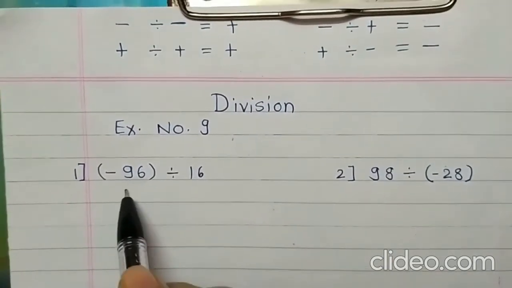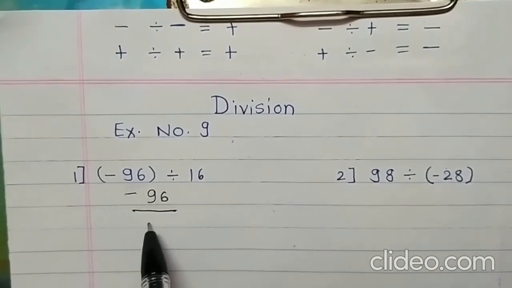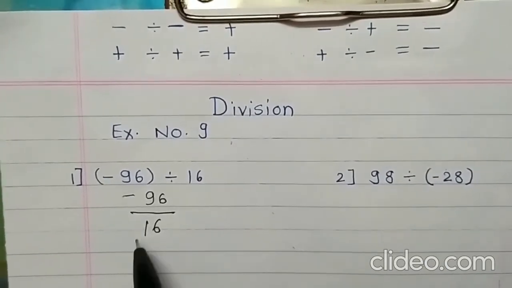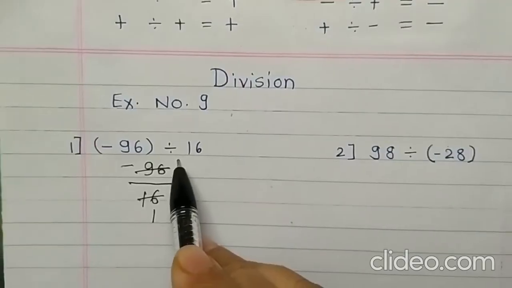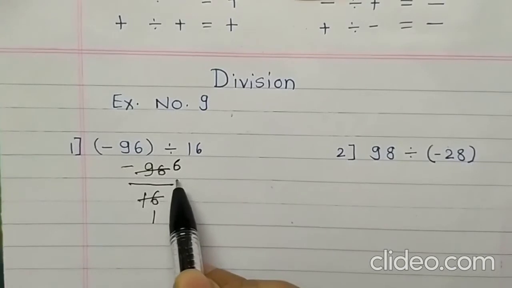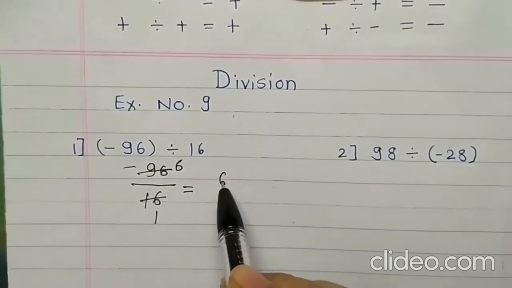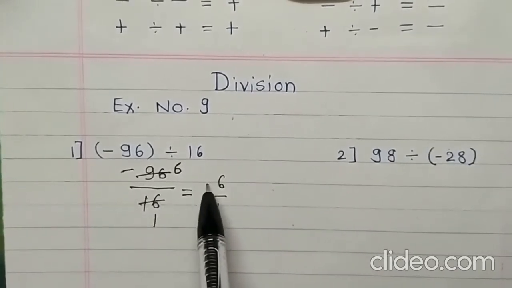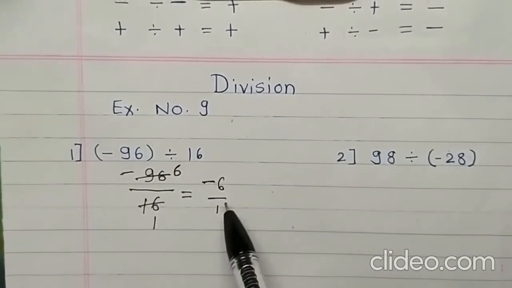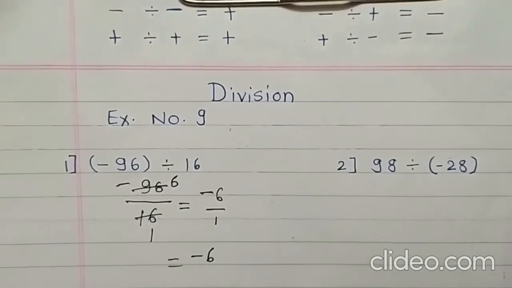Let's solve this. 16 ones are 16 and 16 sixes are 96. So the answer will be 6 upon 1, and the negative sign will come forward to the 6. Means the answer is minus 6.